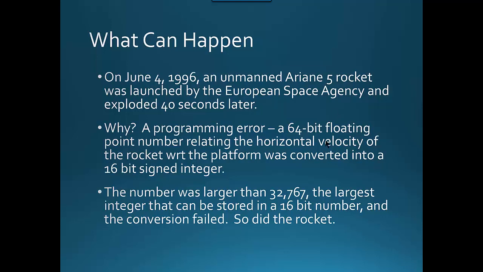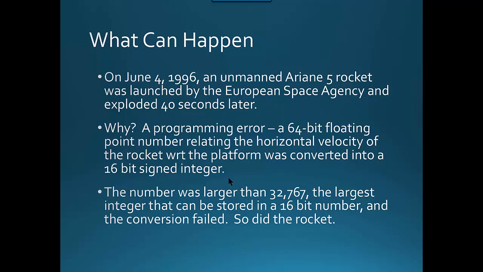So there's a couple things that could happen here. One, we're going from a floating point number to an integer, so maybe we'll lose some precision. But that wasn't the big problem. The big problem was that the number they were converting was larger than 32,767, which is the largest that a 16-bit number can store.